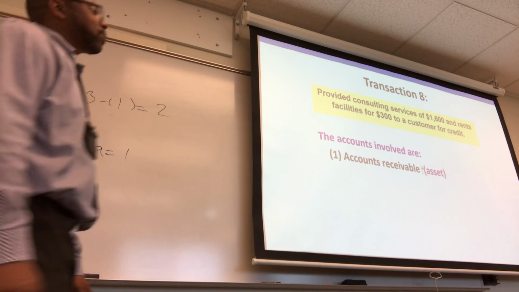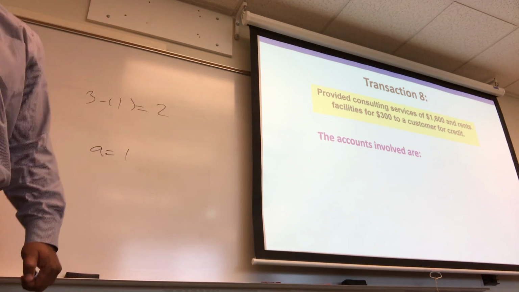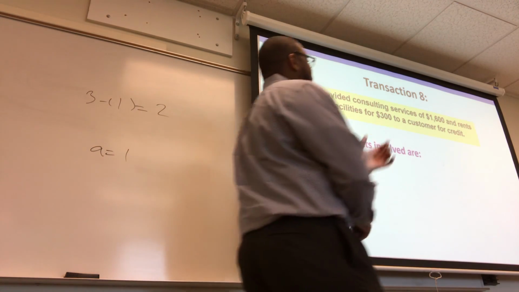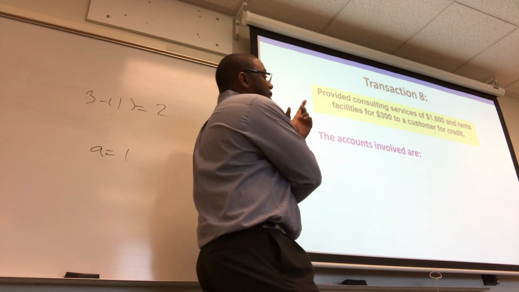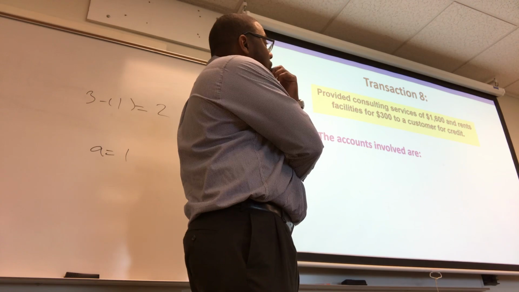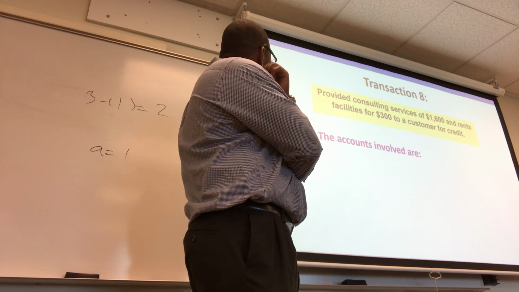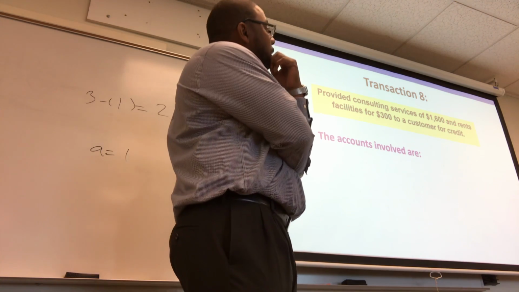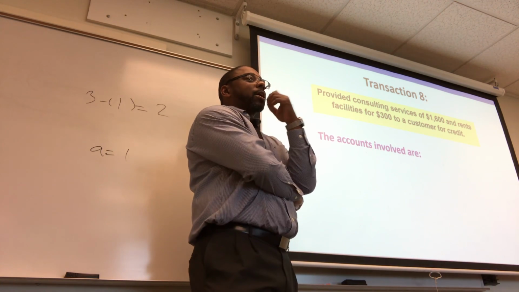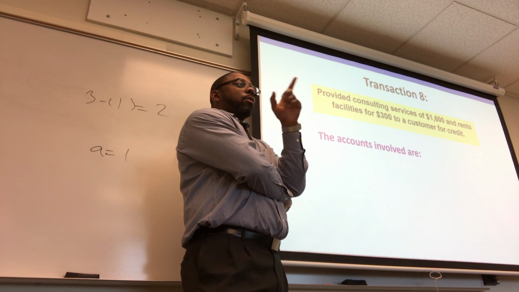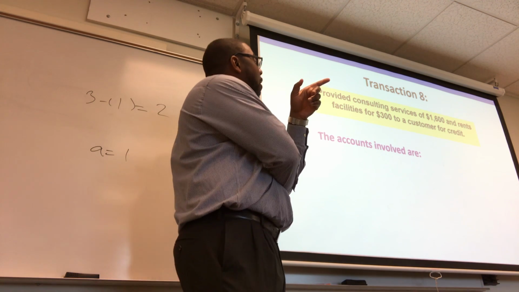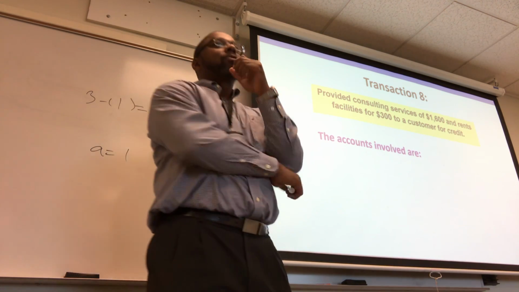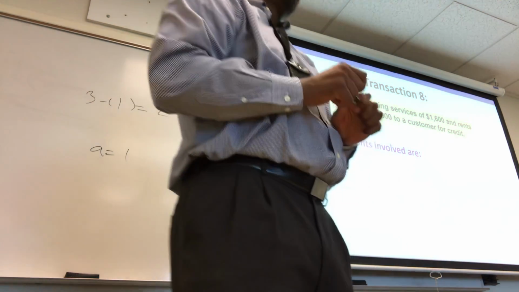All right, so the next one: provided consulting services for $1,600 and rented a facility for $300 to a customer on credit. For credit, that means they gave them accounts receivable.